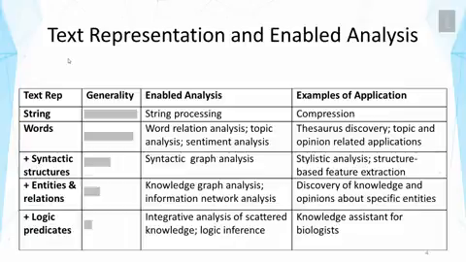Now, moving down, we'll see we can gradually add additional representations. By adding syntactic structures, we can enable, of course, syntactic graph analysis. We can use graph mining algorithms to analyze syntactic graphs. And some applications are related to this kind of representation. For example, stylistic analysis generally requires syntactic structure representation.